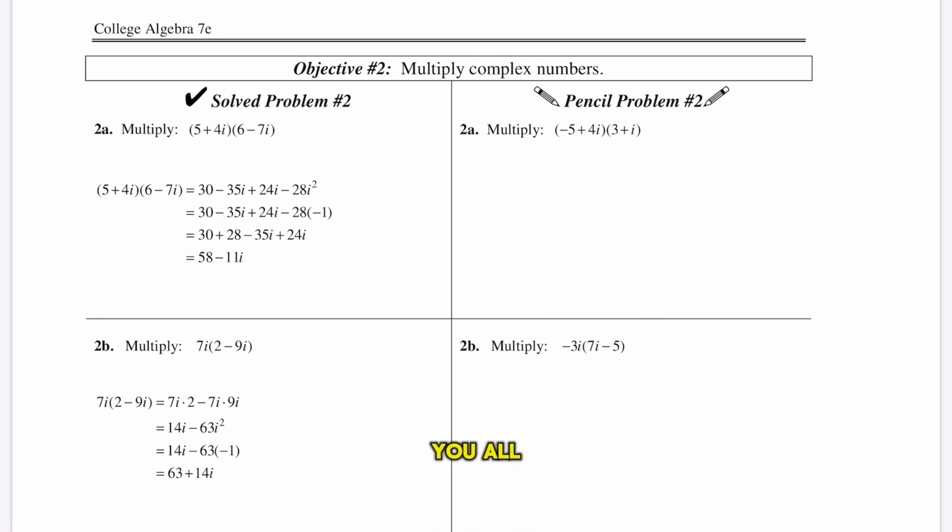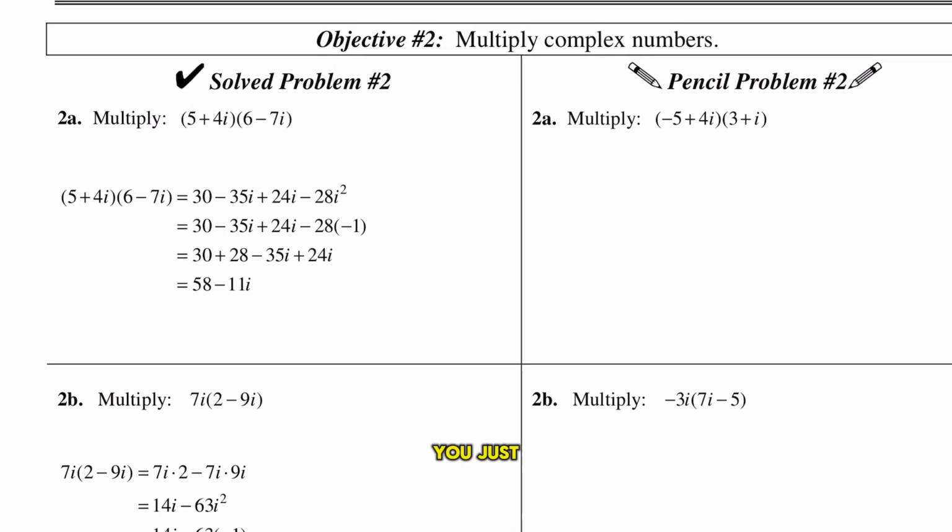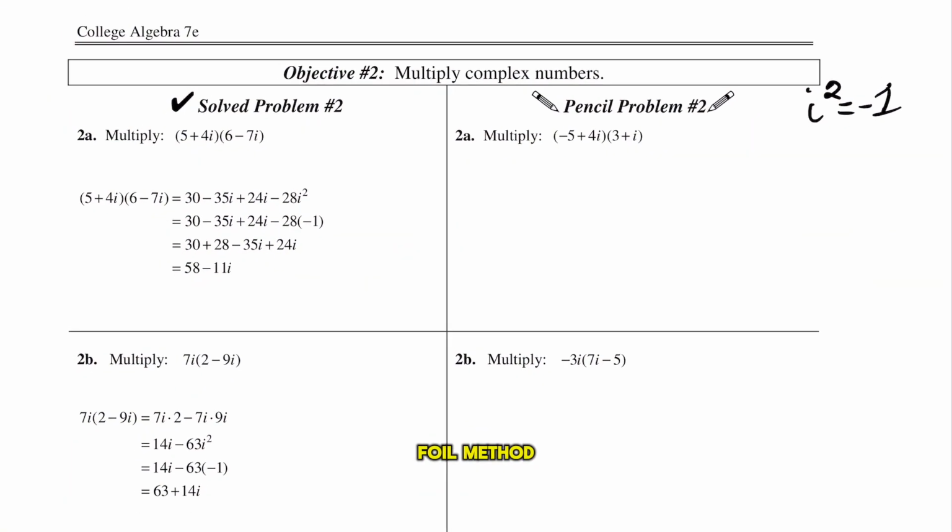I'm pretty sure you all already know that i squared is equal to negative 1. So be careful about that. And then as you see with the example here, you just use the FOIL method. So we would have negative 15 minus 5i plus 12i plus 4i squared.